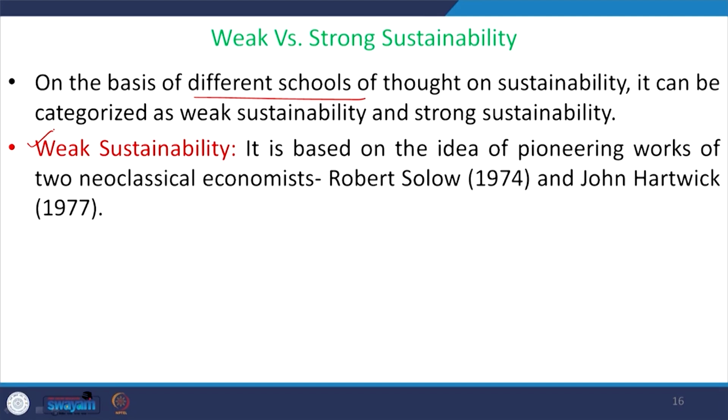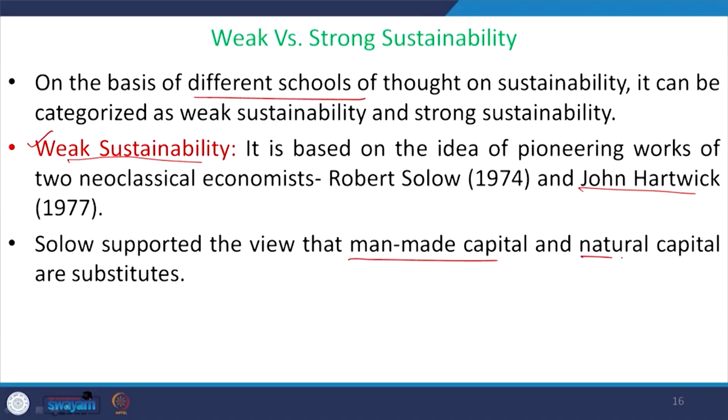The same idea of weak sustainability we can also find from the works of John Hartwig in 1977, and both of these fellows are Nobel laureates. So, what is their viewpoint on this, or what is the meaning of weak sustainability?